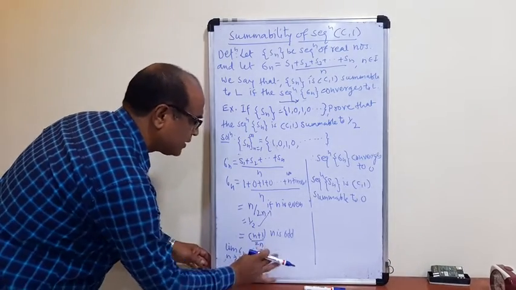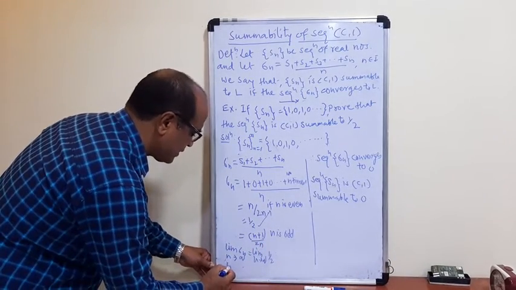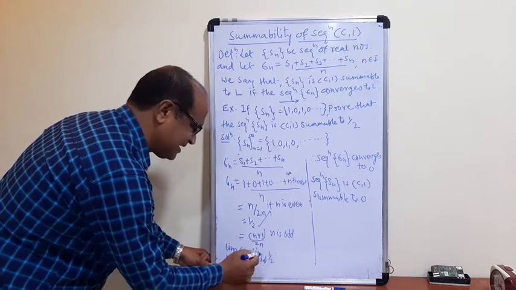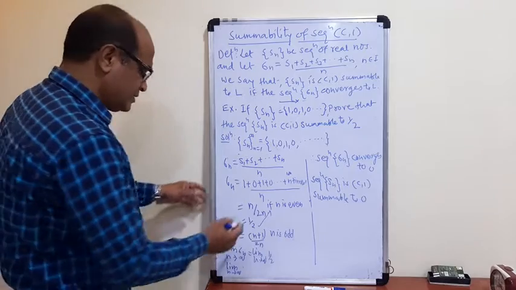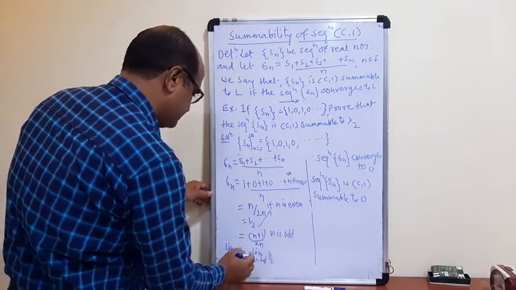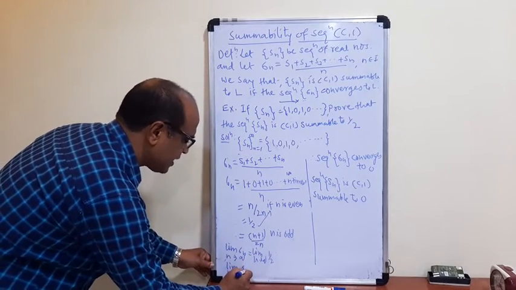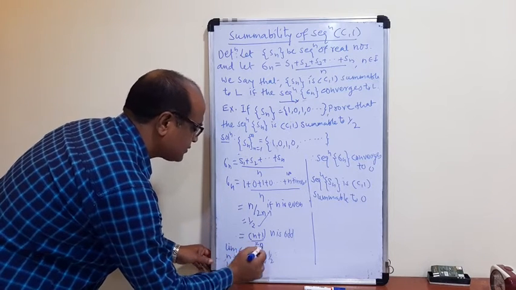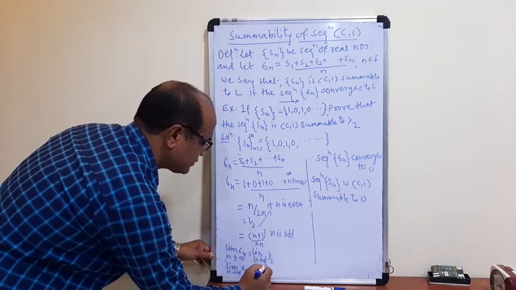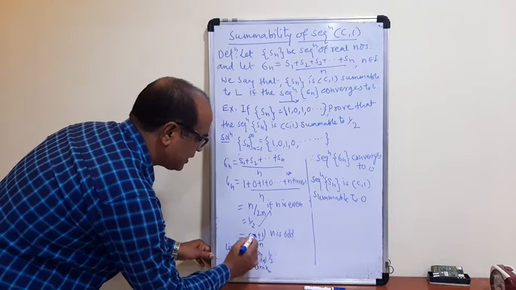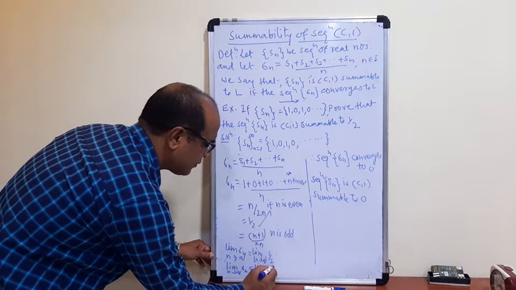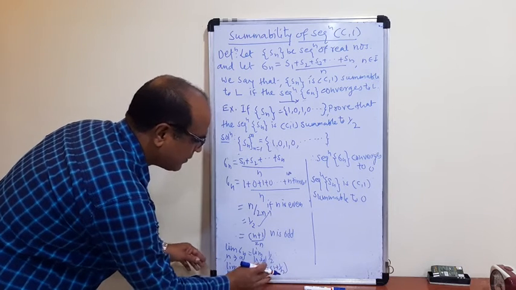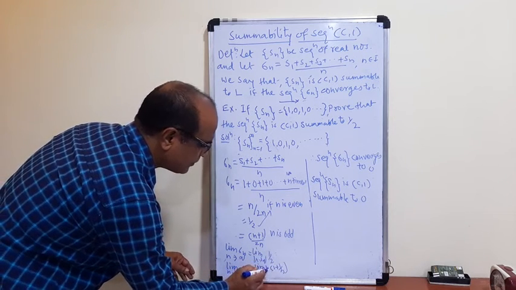When n is even, what is the limit of sigma n? It is 1 half. When n is odd, dividing by n, we get 1 half plus 1 upon n, and the limit of that is also 1 half.